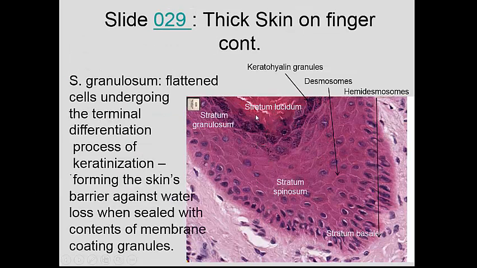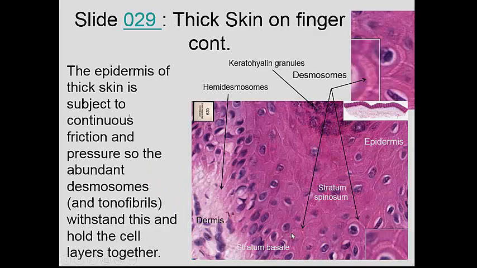So you can have a little clear stratum lucidum, stratum granulosum, stratum spinosum, and stratum basale. And here we can see the similarity to the keratohyalin granules here, and we can see the desmosomal connections of the stratum spinosum, hence their name spinosum.